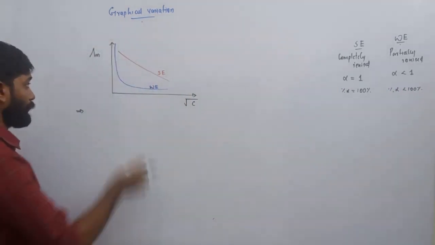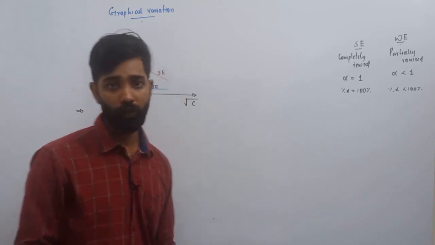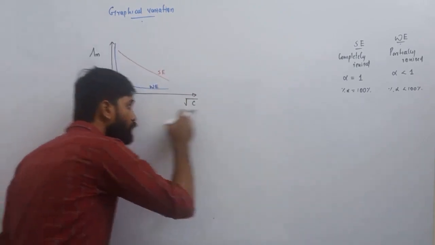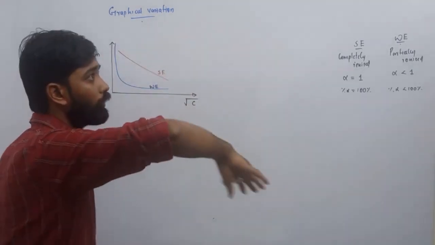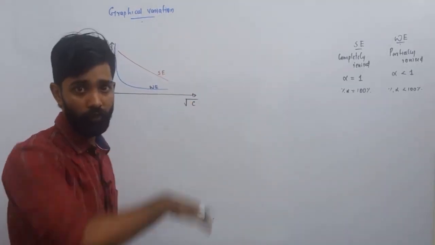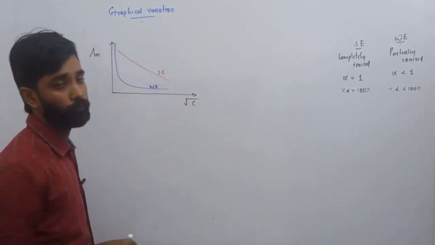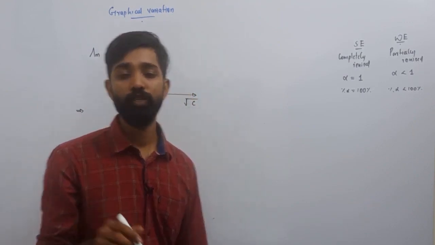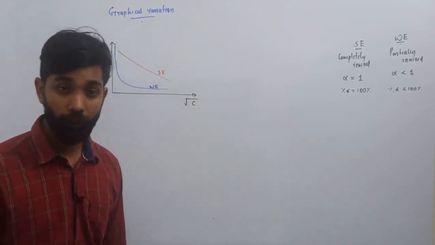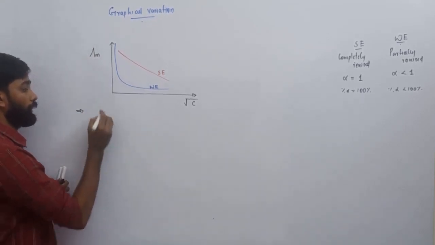So from this graph, it is clear that whether the electrolyte is strong or weak, as concentration increases, its molar conductivity decreases, because both curves are sliding down, not moving upward. So for both strong and weak electrolytes, as concentration increases, molar conductivity decreases.